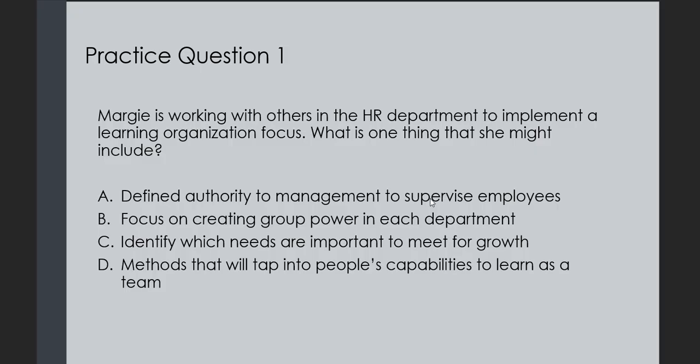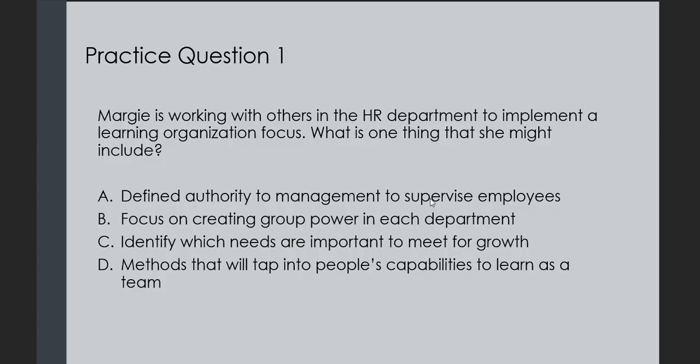So the correct answer is D, methods that will tap into people's capabilities to learn as a team. Remember, learning organizations focus on being systems capable of bringing about their own continuing transformation. This requires tapping into people's commitment and capacity to learn at all levels.